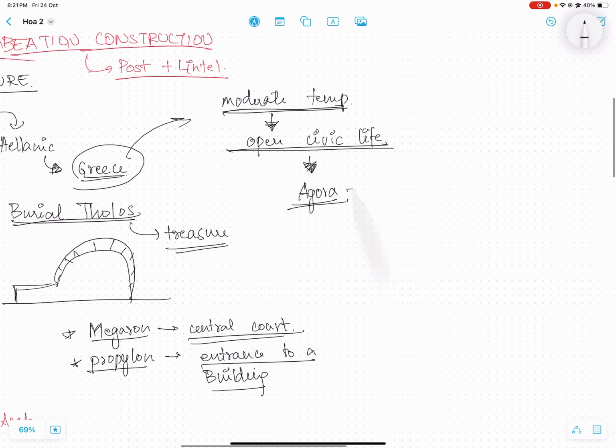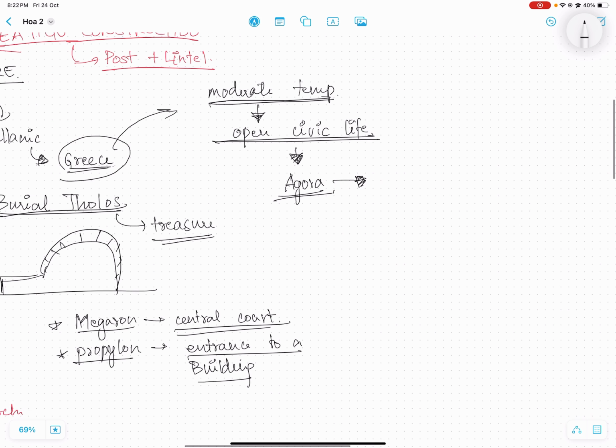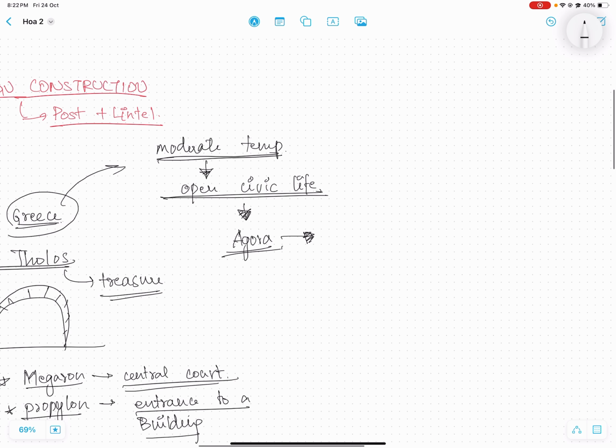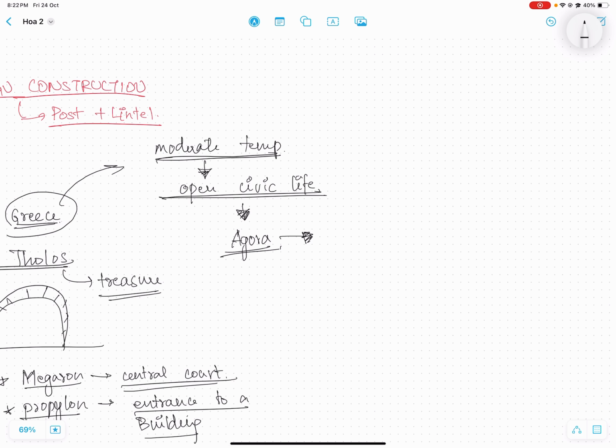Now agoras were the central space within a city which was surrounded by public buildings, stores, temples, and other such places. Since the Greeks were also kind of religious, and they believed that gods were the utmost, they gave more importance to the gods.